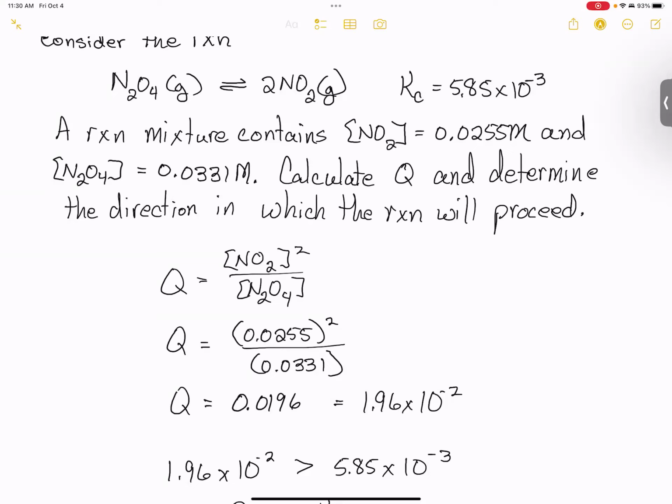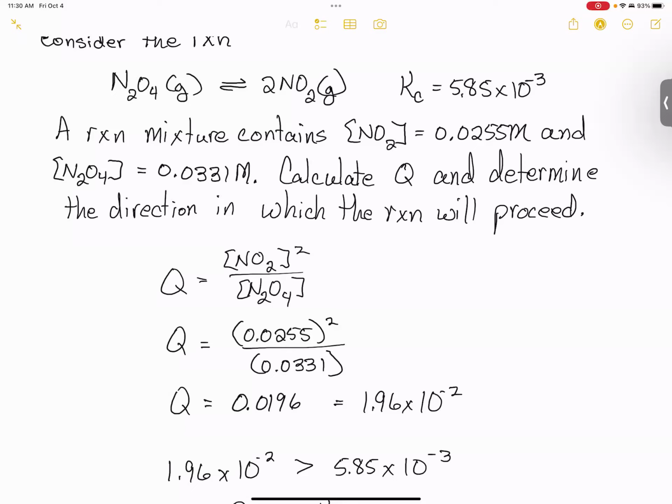Folks, that's all there is to Q and K. The big thing about Q is Q means it's not at equilibrium necessarily. You have to determine whether it's at equilibrium. If it's not at equilibrium, it's going to proceed to equilibrium.